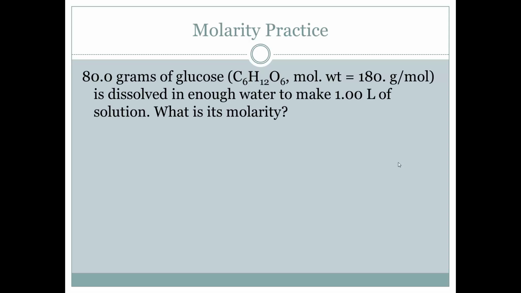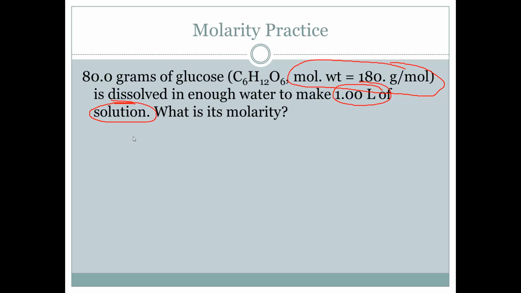Let's try that again. In this question, 80 grams of glucose, and they actually give you the molar mass of glucose, is dissolved in enough water to make 1 liter of solution. So once again, the word solution, it's the solute and solvent added together. What's the molarity?